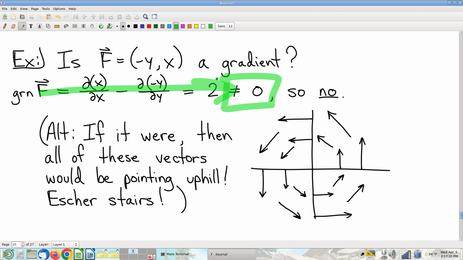Yeah. Could we, on a test, make the geometric argument? And how would we do that? Could we just write a couple sentences? It's going to depend a lot on the phrasing of the question. The other problem with this geometric argument is there are a lot of little details that I'm sweeping under the rug. For example, if I were to follow these field vectors, how do I know I would, in fact, get right back exactly where I started? How do I know I don't come back a little further to the right, in which case technically I don't have a contradiction?